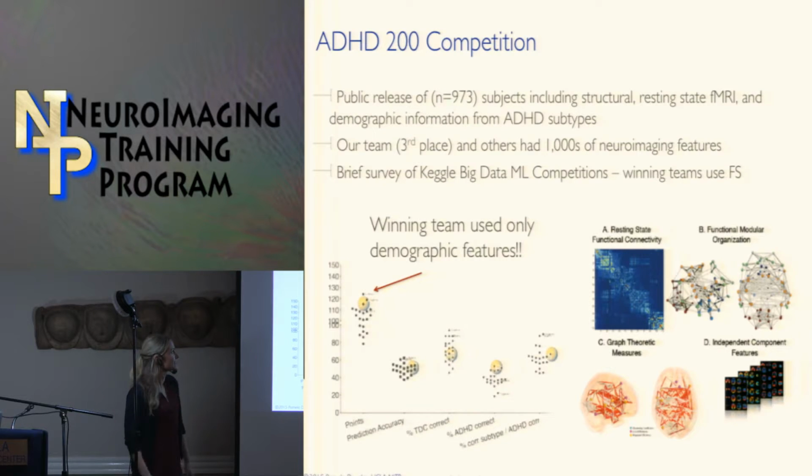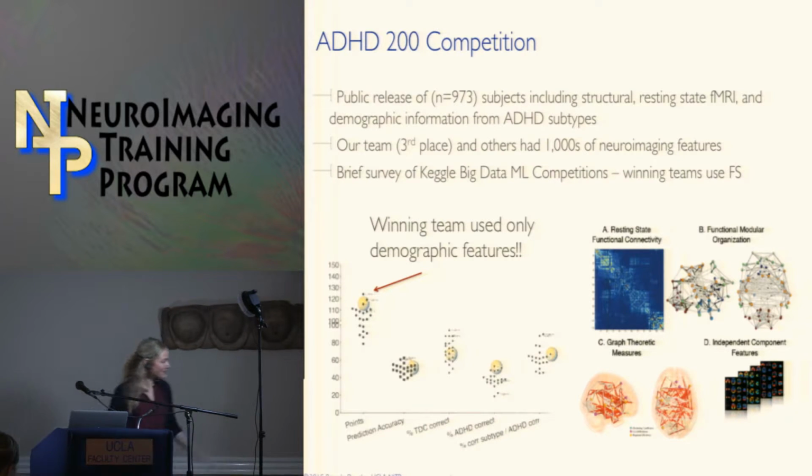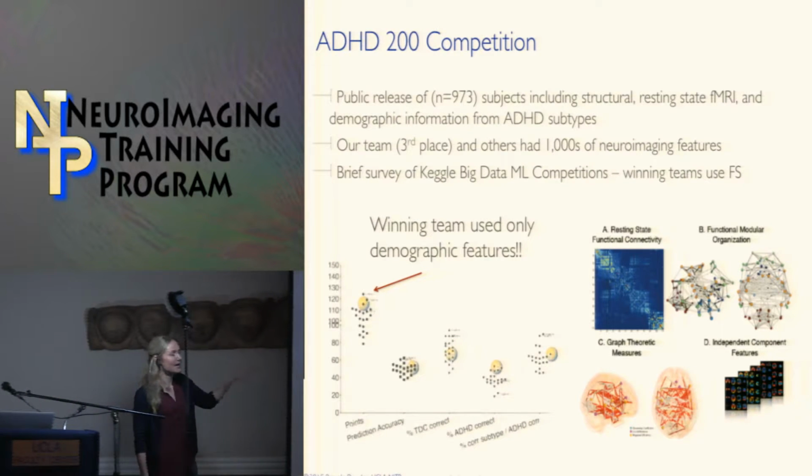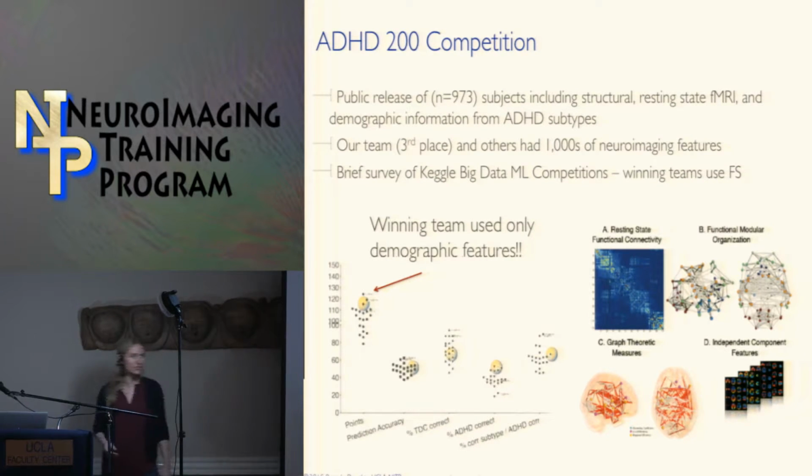It still bothers me. I still haven't gotten over this. So I still talk about this because it still bothers me, and it really does, to me, highlight why feature selection is definitely important. However you decide to implement it, it's an important step, especially because as neuroimagers, we have such massive data. We really need to think about how to pare that down into something that's useful for prediction.